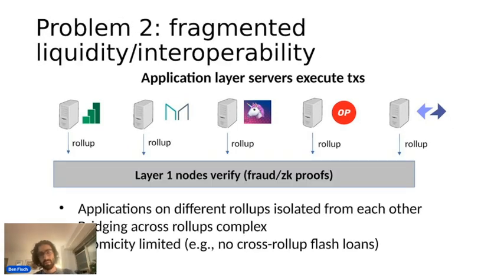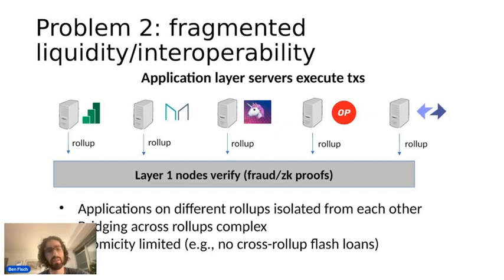A second problem of the layer 2 ecosystem, the rollup ecosystem, which has less to do with the lack of decentralization and more to do with a fundamental trade-off that happens when you shard computation, is that the liquidity or interoperability becomes fragmented too.